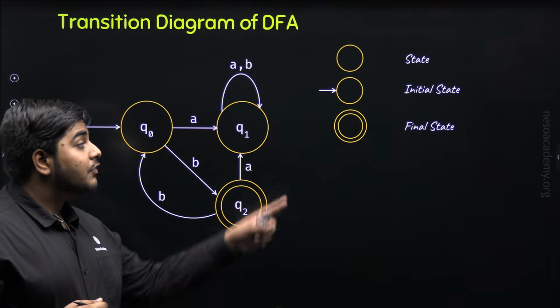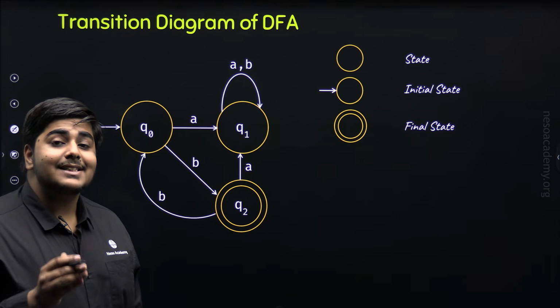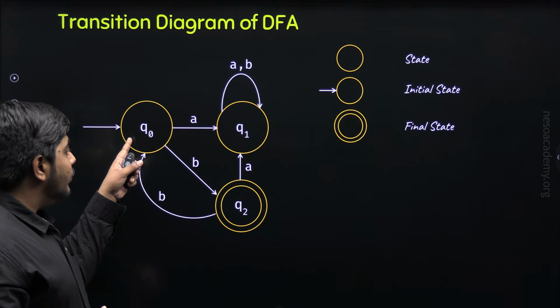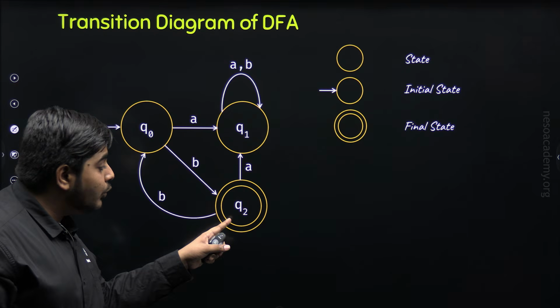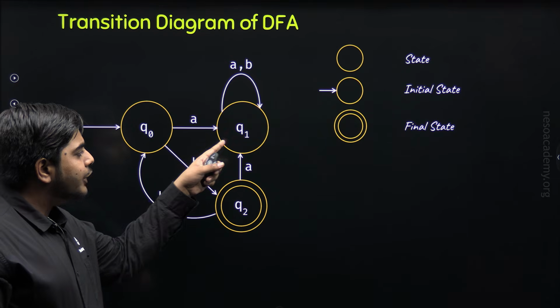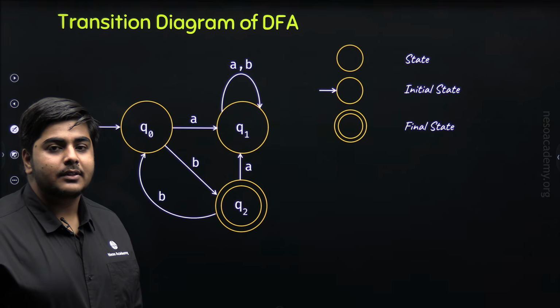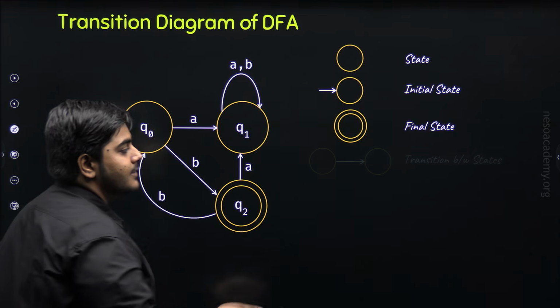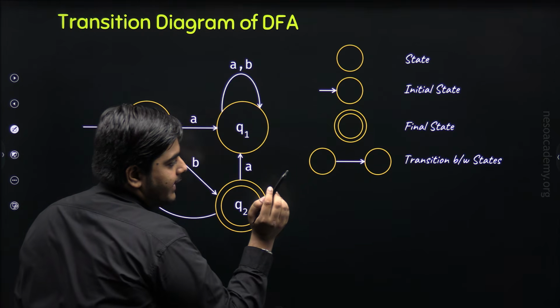That is why final state is also called as the accepting state. So now we have understood that Q0 is the initial state, Q2 is the final state, and Q1 is just a normal state. So let's move towards the next part of the DFA, which is the transition between the states.